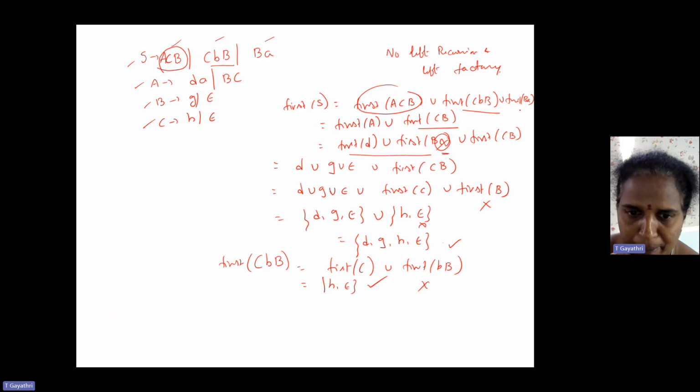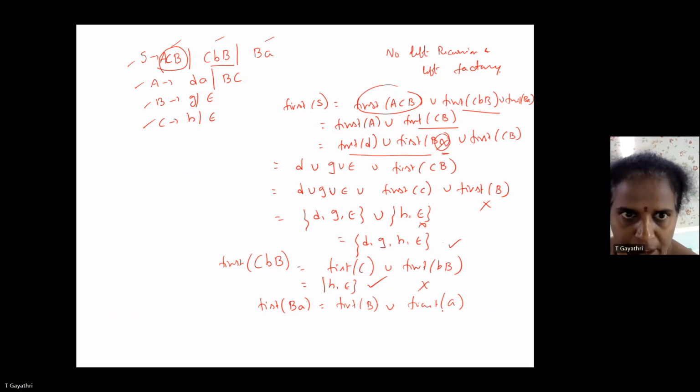And one more part is there, Ba. First of Ba. So what is the first of B values? That is equal to first of B union first of a. Okay. So now what is the first of B value?